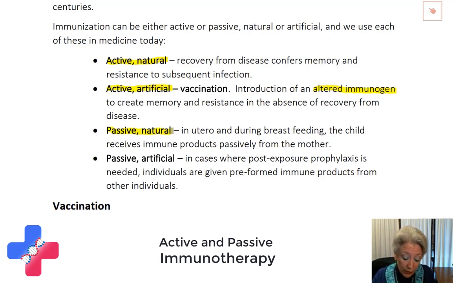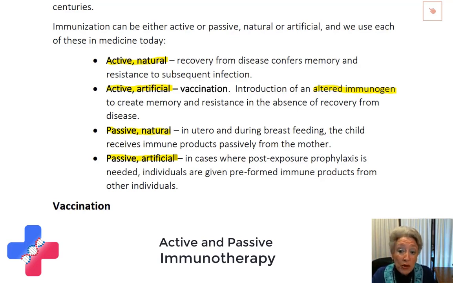Now, the one that is last on the list here, passive and artificial, is what we do when we have a patient who is at risk and has been exposed to a pathogen in a case where we do not have the luxury of time.